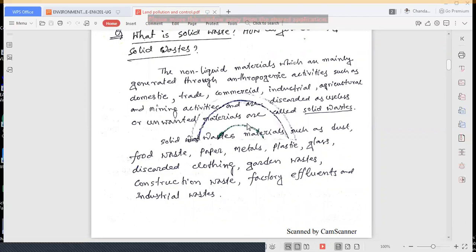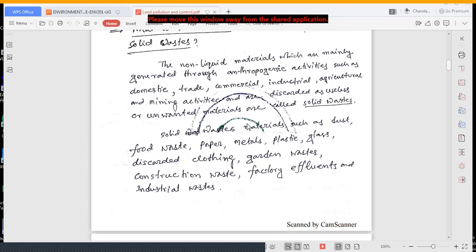They are known as solid wastes. Solid waste materials include dust, food wastage, paper, metals, plastic, glass, ceramics, etc., and other industrial wastes.